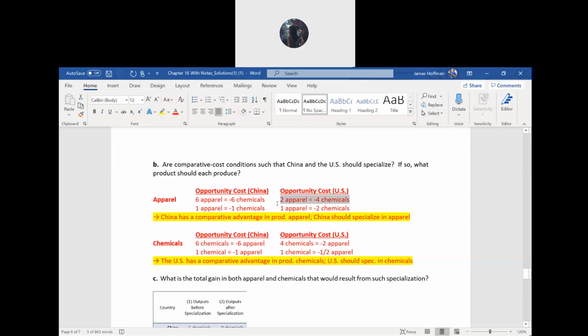If you divide by two, each time they produce an apparel, they give up two chemicals. So you can see that China gives up negative one chemical, and the U.S. gives up minus two chemicals. So the U.S. gives up more, which means that China is giving up less, and therefore they have the lower opportunity cost. They have the comparative advantage in producing apparel, and they should specialize in producing only apparel.